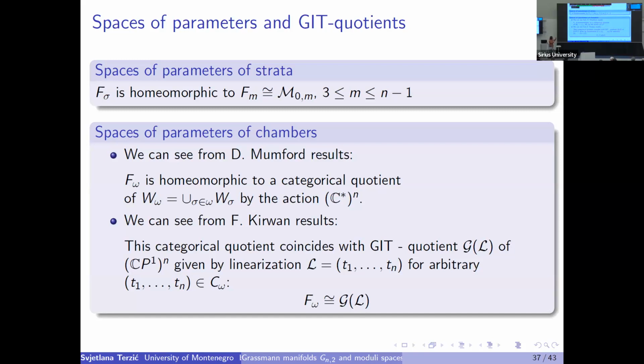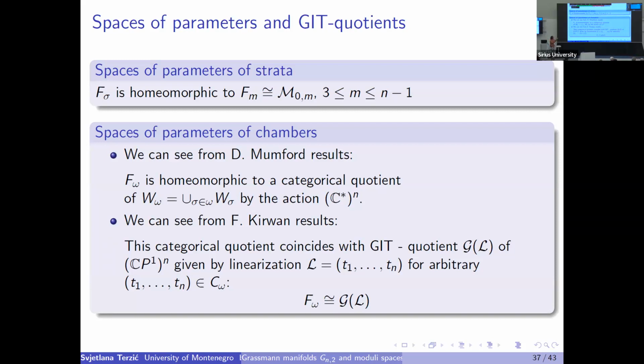Then Kirwan proved that this categorical quotient actually coincides with the geometric invariant theory quotient of CP1 given by this linearization, for arbitrary T1 Tn in C omega.